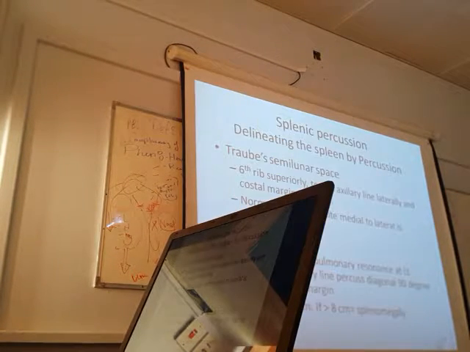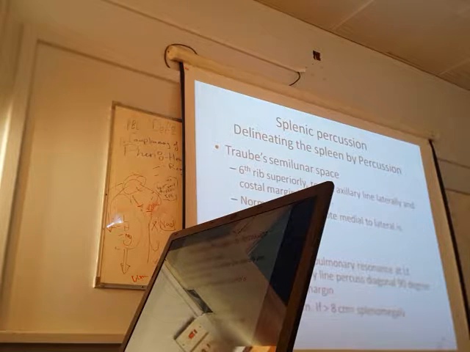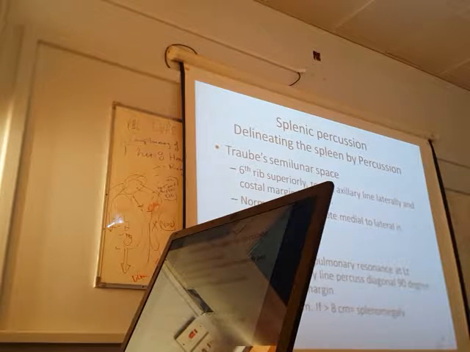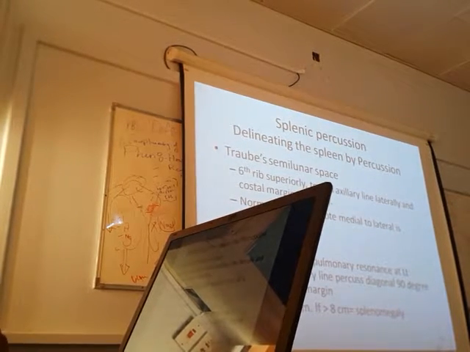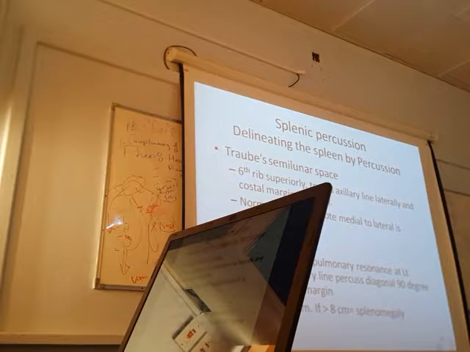Percussing the abdomen: splenic percussion, Traube's area, semilunar space, sixth rib. What is Traube's space? Usually it is tympanic.